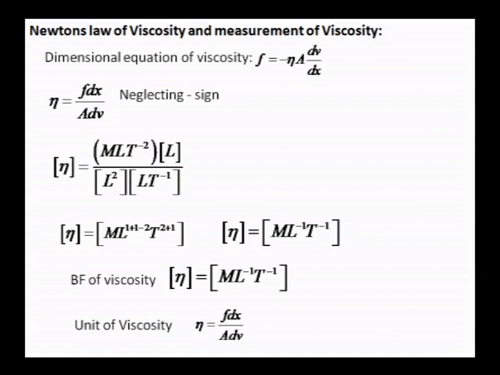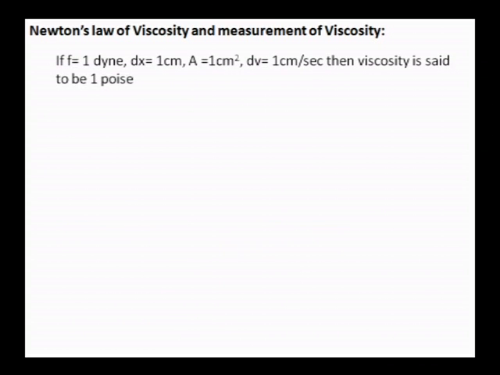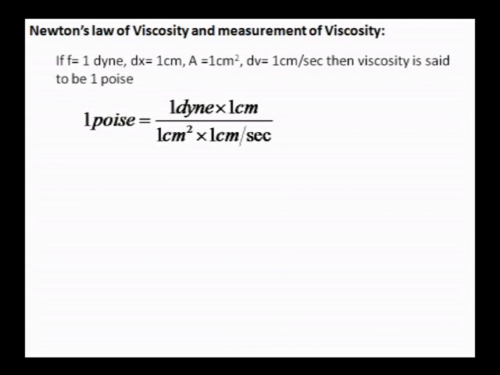The unit of viscosity. If we measure the quantities in CGS units, that is, if a force of 1 dyne is acting on a liquid layer of area 1 centimeter square separated by a distance of 1 centimeter with a velocity gradient of 1 centimeter per second, then viscosity is said to be 1 poise.